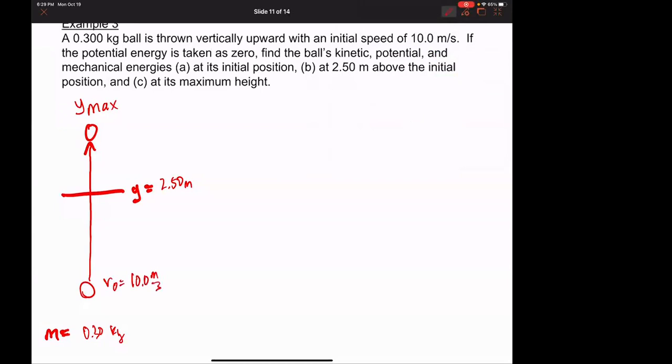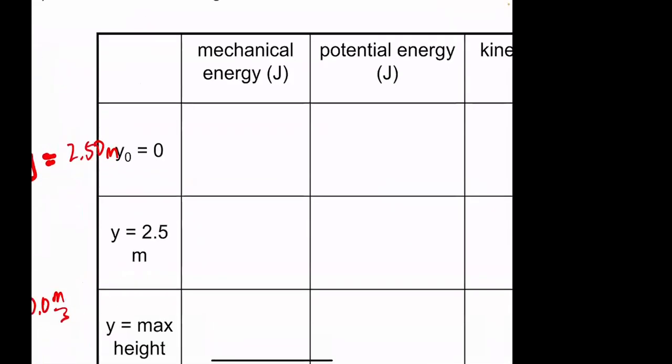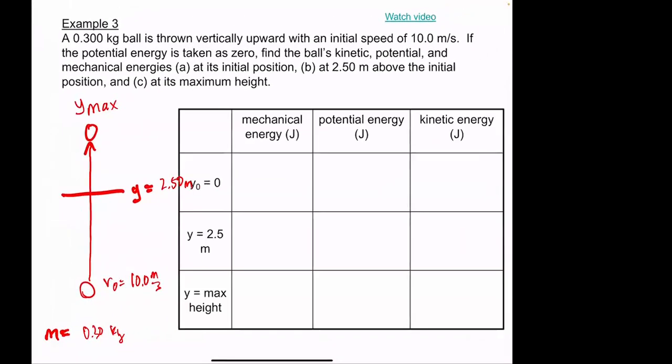So I'm going to make a grid to fill in based on the mechanical, the potential, and the kinetic energy. So you want to use this chart. We're going to fill this chart in and determine each of these different values.